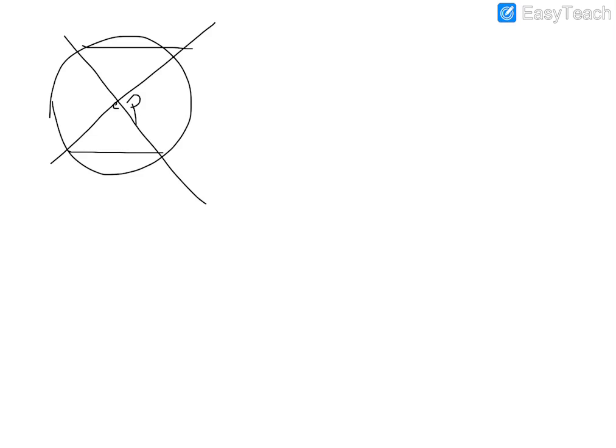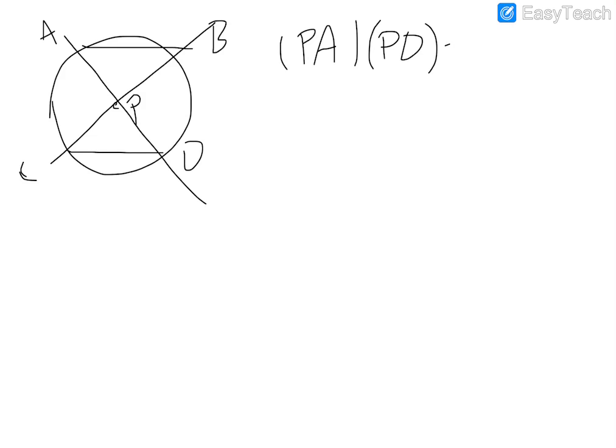Let's connect these lines, and I'll name these points A, B, C, and D. So what we need to prove is PA times PD is equal to PB times PC.